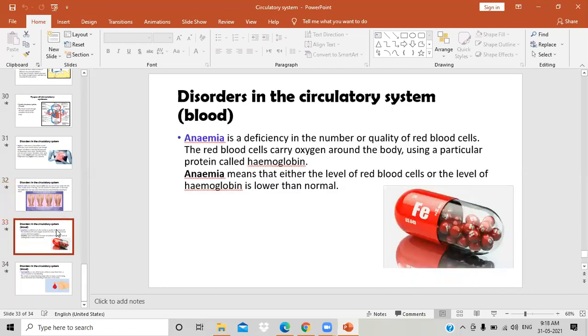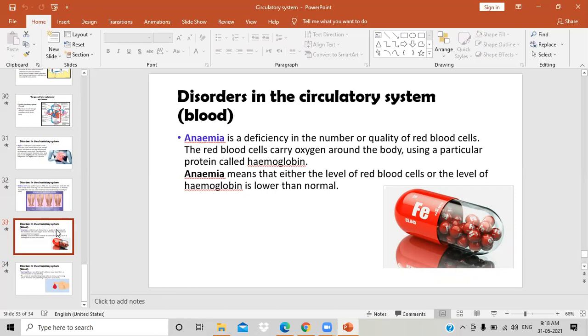The third type of disorder is anemia, which is a deficiency in the number of red blood cells, or a decrease in the number or the quality of the red blood cells due to a decrease of many things, like hemoglobin, which is the protein that makes up the red blood cells, or iron, which goes into the production of the red blood cells.